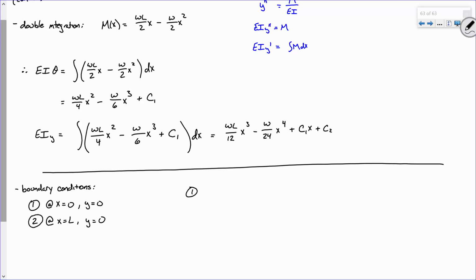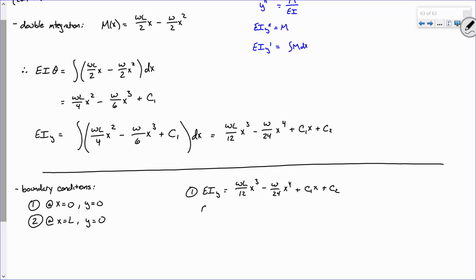So we have this equation, EI times y equals WL over 12 x to the third minus W over 24 x to the fourth plus C1x plus C2, right? The first boundary condition says that when x equals 0, y equals 0. So I'm just going to plug and chug.